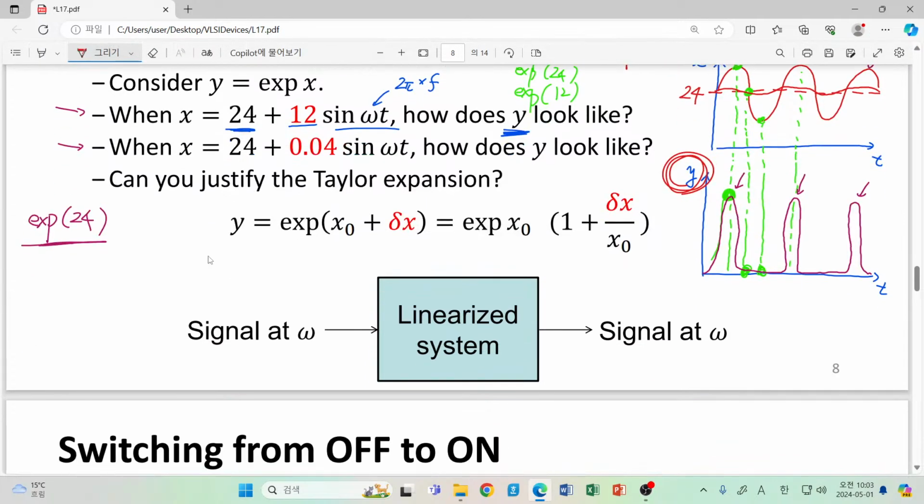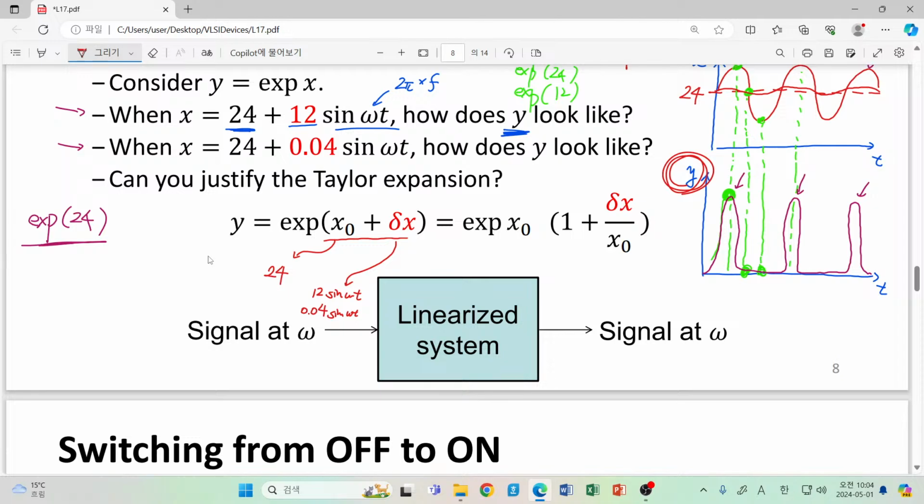So for example, let's think about this one. Here we have an input argument, which is the combination of x naught and delta x. Here, what is x naught? In our example, it was 24. And what is delta x? In our example, it was 12 times sine omega t, or 0.04 sine omega t.